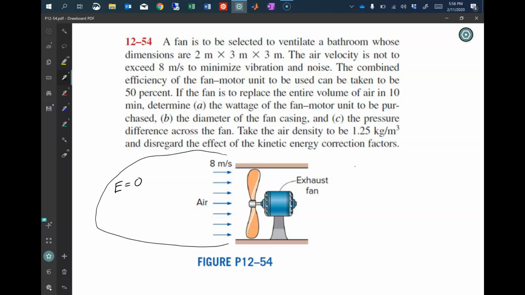It's at zero elevation, and it has atmospheric pressure. So the energy over here is equal to zero. I'm going to call that point 0.